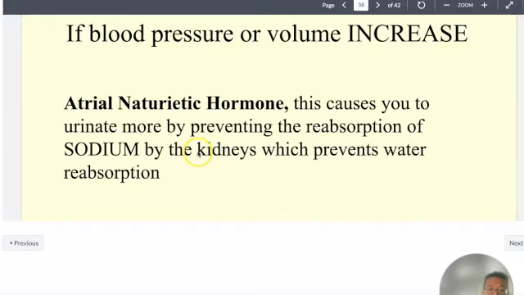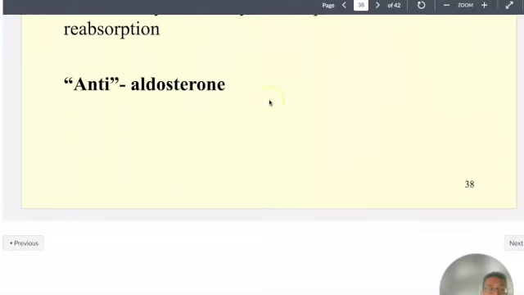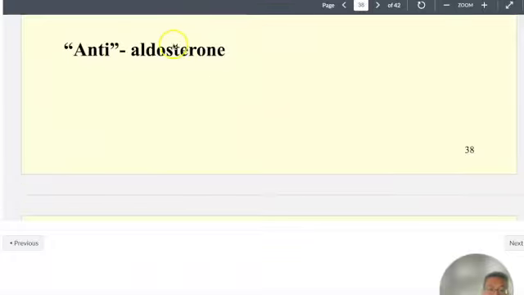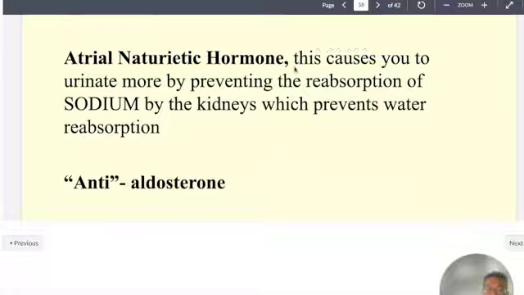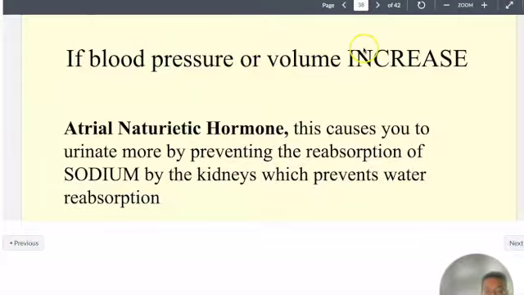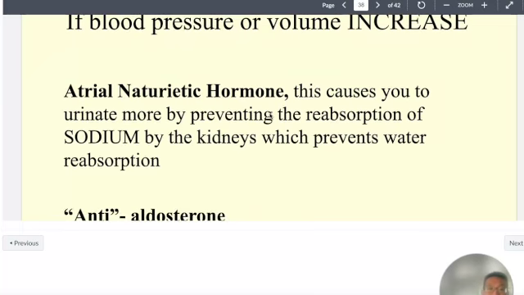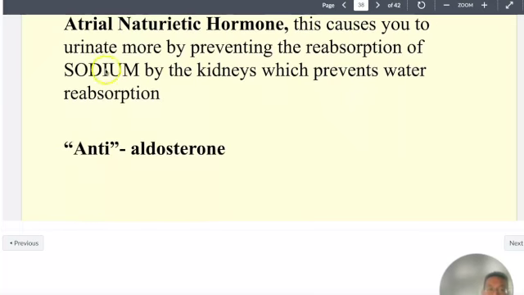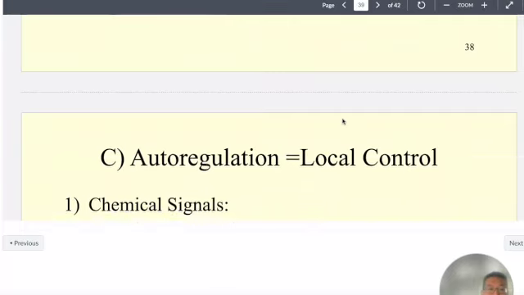So if you pee out the salt, you have less water retention, less blood pressure. This is also called anti-aldosterone, because aldosterone is the opposite. It is released when your blood pressure is low. Therefore, when your blood pressure is low, it will cause sodium reabsorption, and water will follow sodium, and so on and so forth.